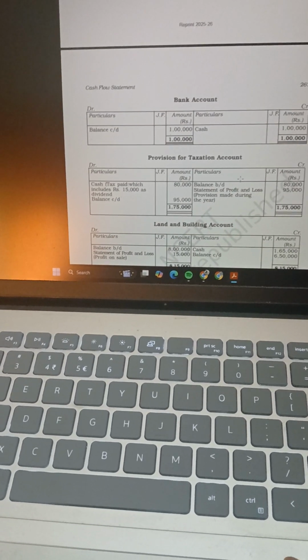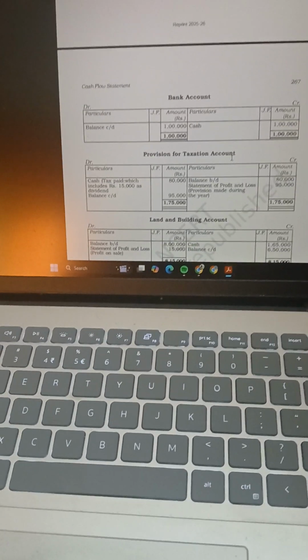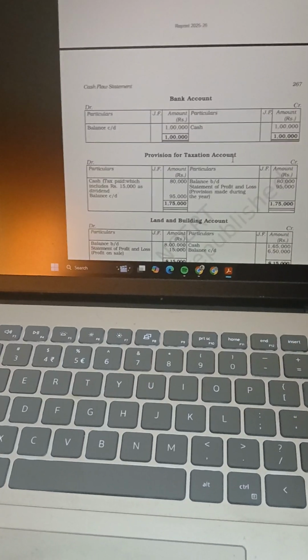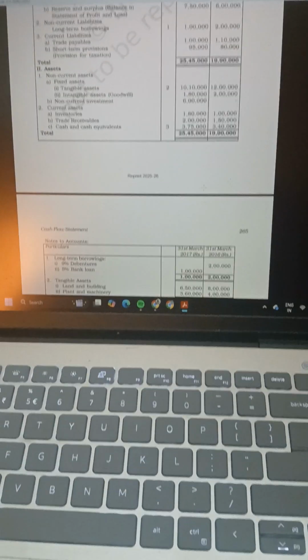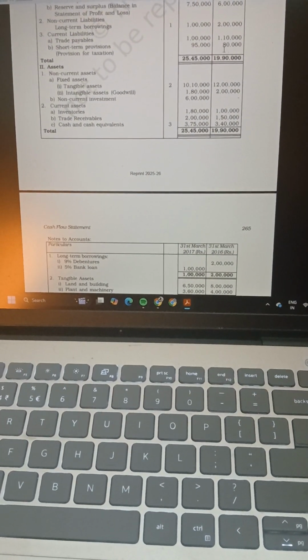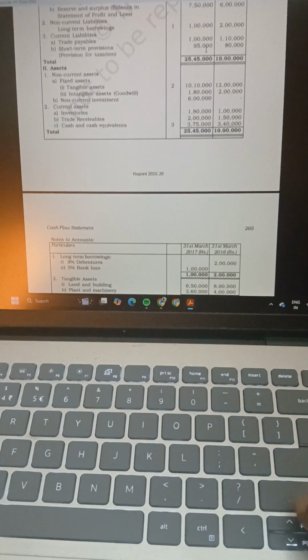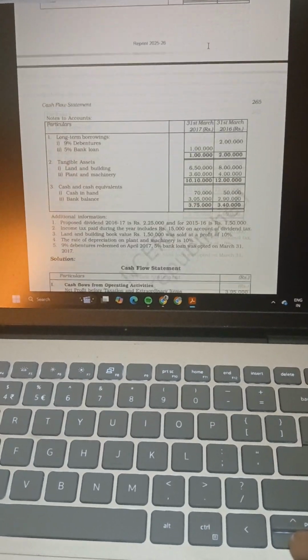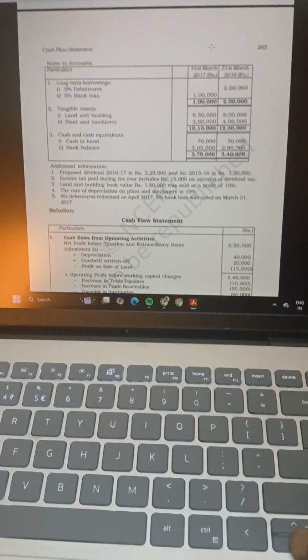Then provision for taxation account. Move on to the question. Here it is given, in the previous year balance is 80,000. This year it is 95,000. Also some adjustment is given.